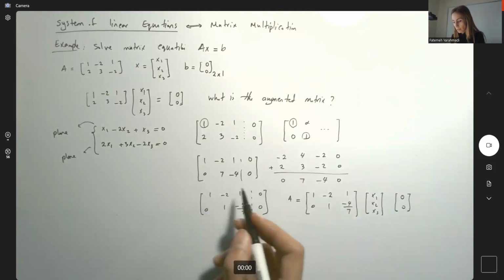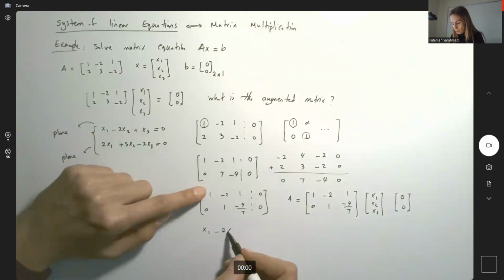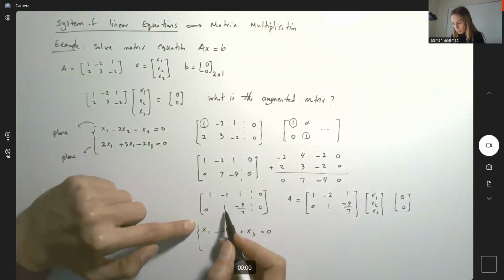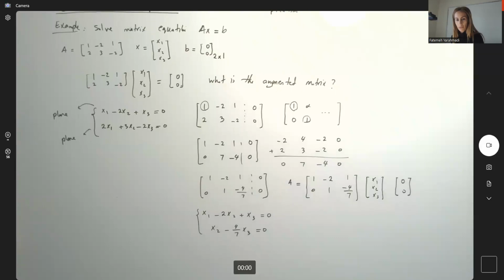Well, what does this system tell me? It tells me, hey, x1 minus 2x2 plus x3 is equal to 0. And it also says 0x1 plus 1x2 minus 4 over 7 x3 is 0. Okay, take a look at this. You have 3 variables.